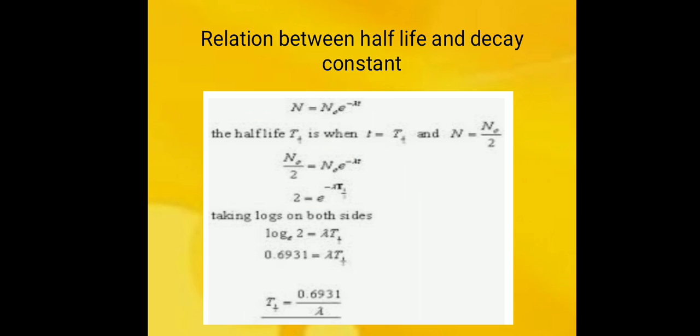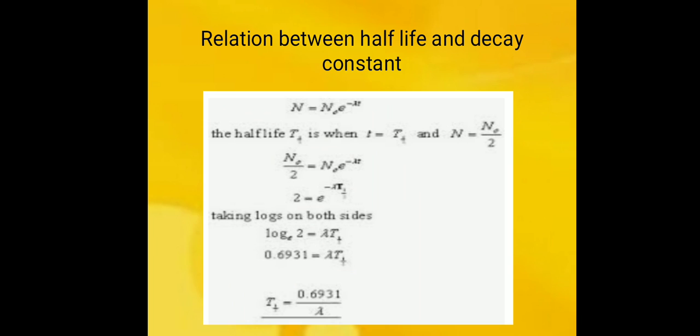So in the first equation we are substituting for N as N0 by 2 and for T as T half. Now when we substitute, we can see N0 on both sides. We can strike it off, right? Then what will be left out? 1 by 2 is equal to e raised to minus lambda T half.